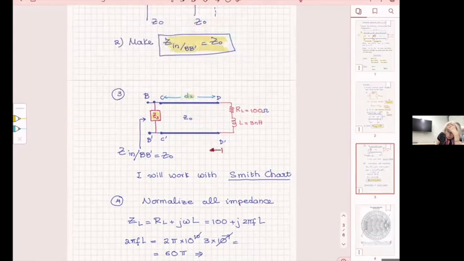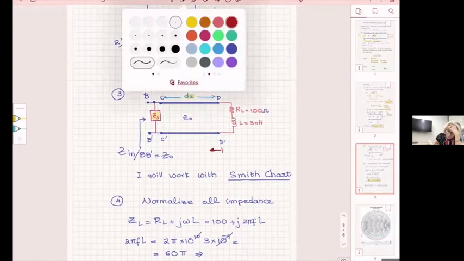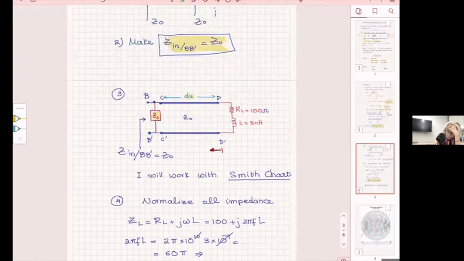When I start moving, I will come right before, like at CC prime, all right, before we add Z sub S or Y sub S. When I come here and I see an impedance or admittance, since I am in admittance form right now, but let's assume impedance here, that's going to be the impedance at CC prime.